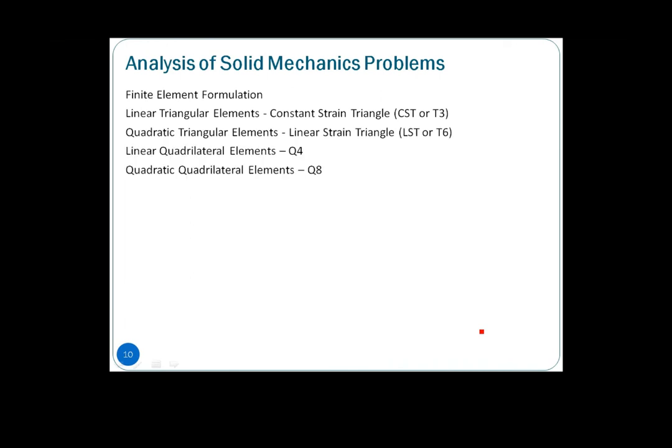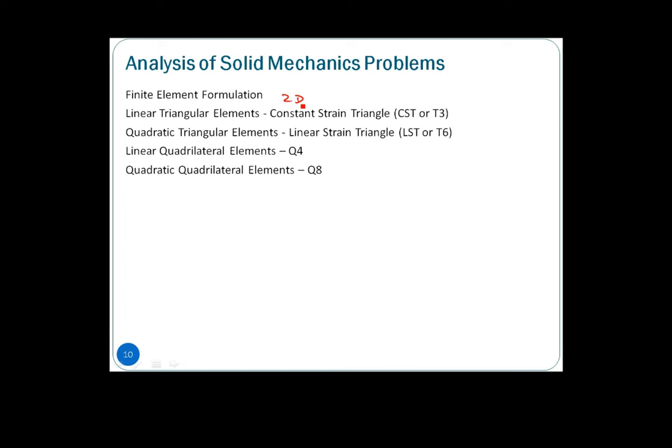Of course, we learned before that under two dimensions, we learn two types of elements: triangular and quadrilateral, both linear and quadratic, right? So for the linear triangular, sometimes you will see it is actually called constant strain triangle, CST. So the linear triangular element is sometimes named CST or T3.